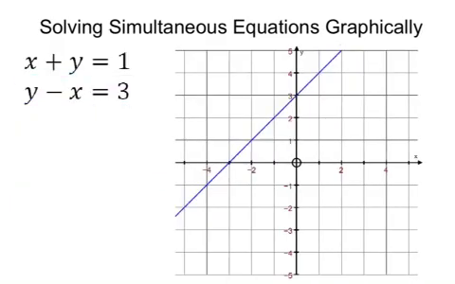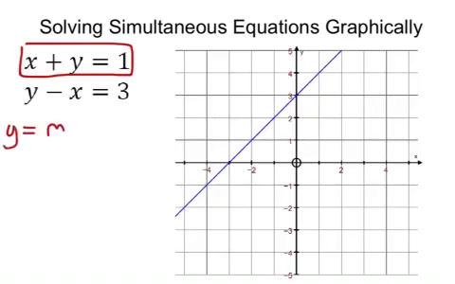Now we're going to look at the second of the equations, which is x plus y equals 1. Again, we want it in the form y equals mx plus c. So this time we need to get the x away by subtracting it.